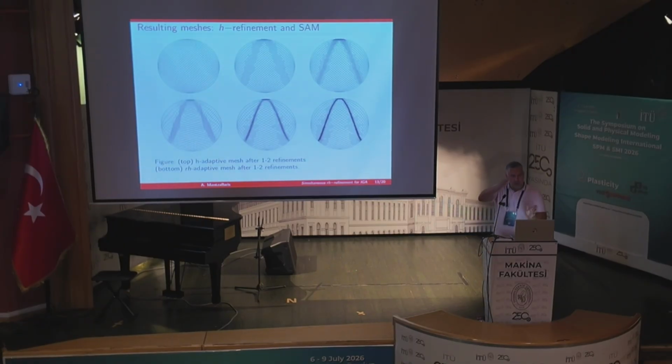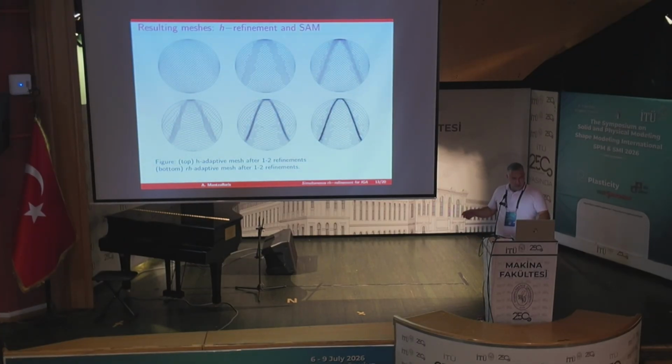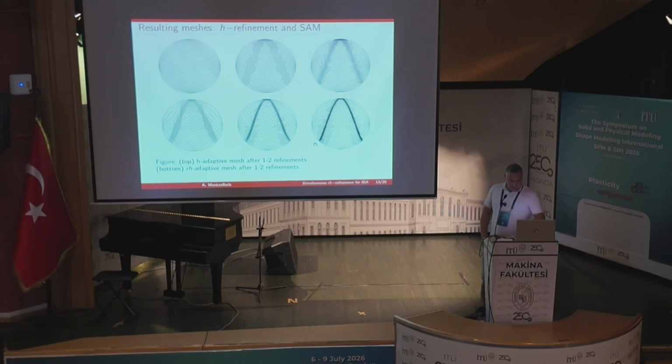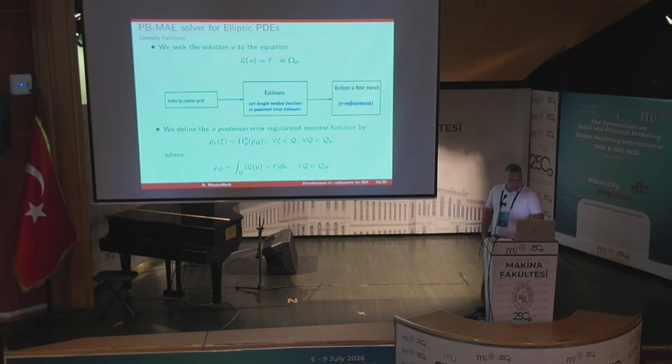So your elements will not rotate and they will not be aligned to your feature. Whereas here, when you allow the nodes to relocate, you see that there is some rotation happening and the alignment is much better. So that's why we believe that the combination of the two can bring the best of both worlds.